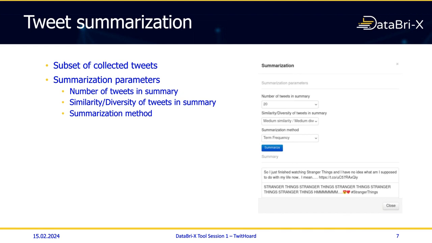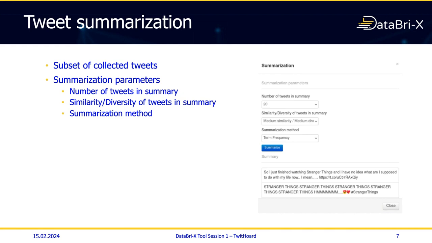Tweet summarization is another ability that the Twit Hoard user has, where summarization here is defined as the process of having a subset of collected tweets that is considered representative of the collection.